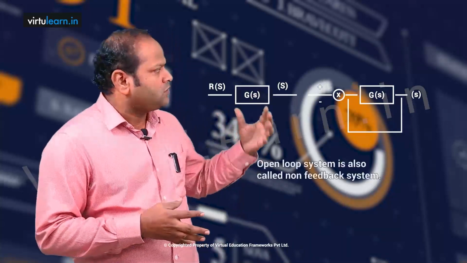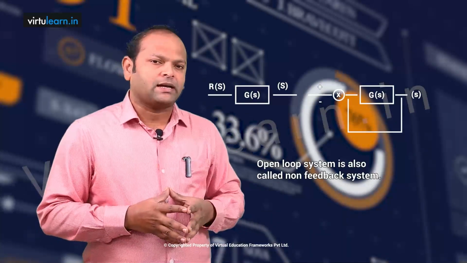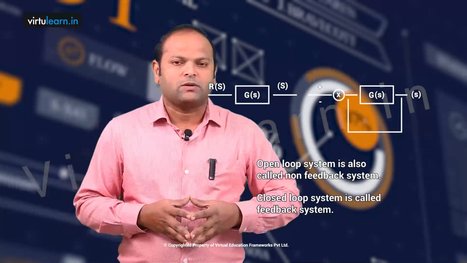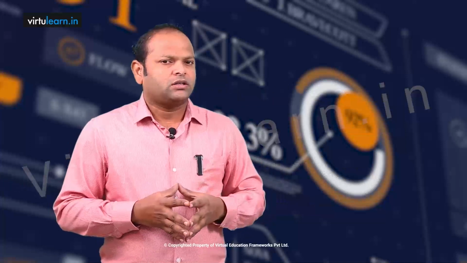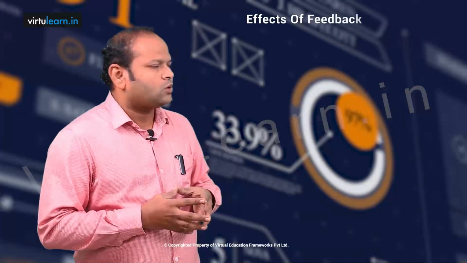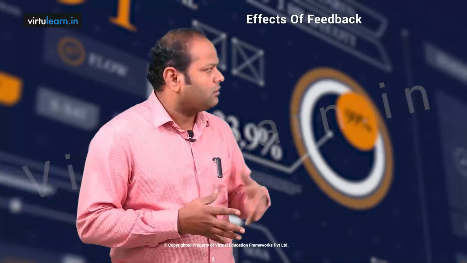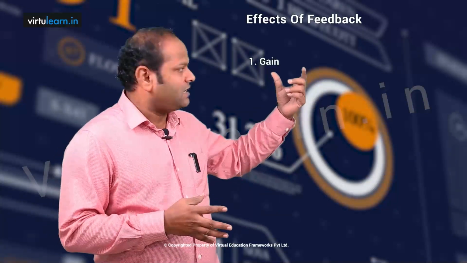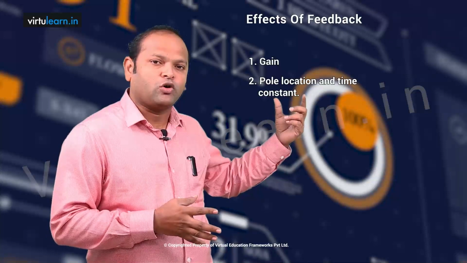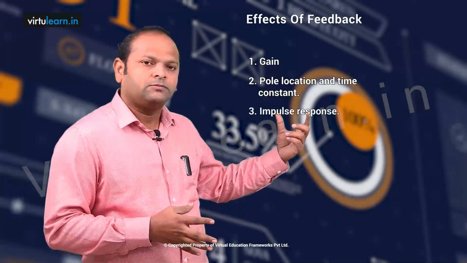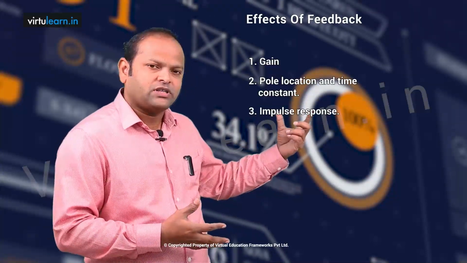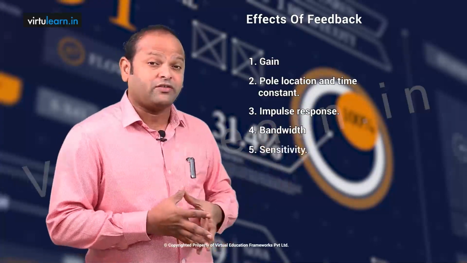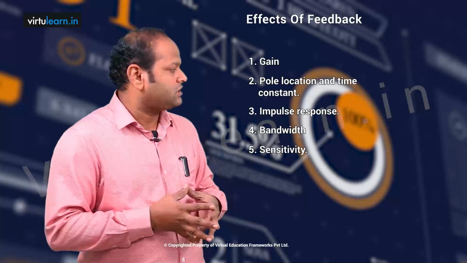So this open loop system is also called non-feedback system, and this closed loop system is a feedback system. So let us look at what are the effects. Now I just want to concentrate on the effect of feedback on these parameters. The first one is the gain, and second is pole location and time constant, and third is impulse response of the system, and then on bandwidth, and then on the sensitivity of the system, which is very important in the control system.